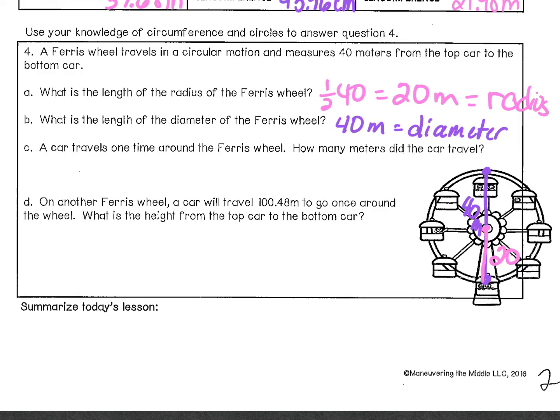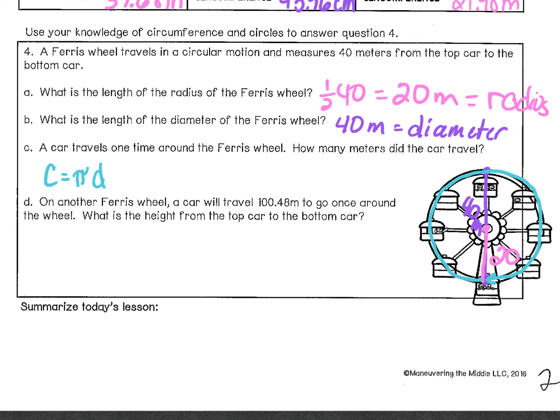So they're talking about, let's say this car goes, and comes back to where it starts. So you get to go around the Ferris wheel once. That would be circumference there. And I'm going to use circumference equals pi times the diameter, because the diameter is all the way through. I don't have any extras to do there.